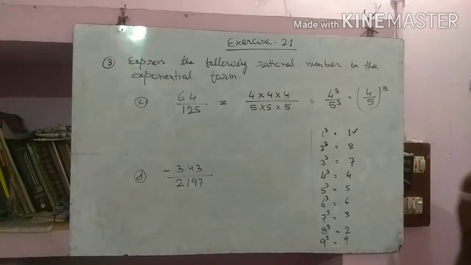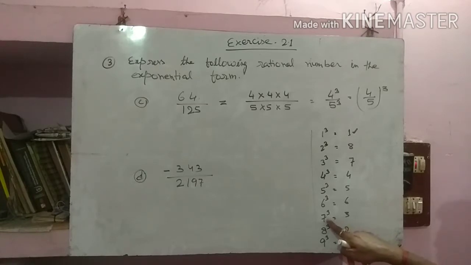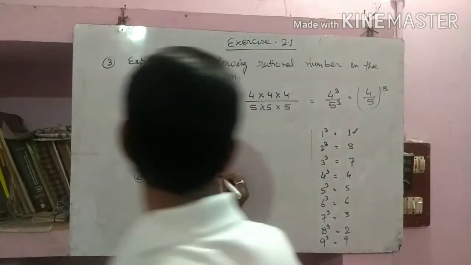So, what we have seen, if the last digit is 3, then the value should be a power of 7. The power of 7 to the power 3 or 17 to the power 3 or 27 to the power 3, like that. So, obviously this number is very small.